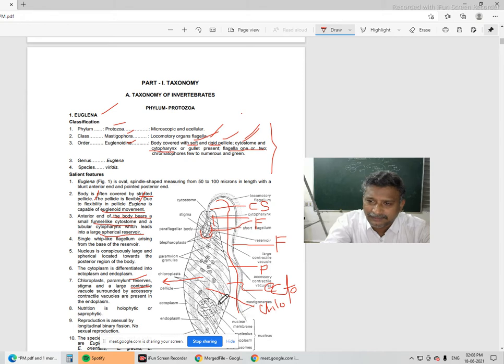Due to the presence of a chloroplast, a contractile vacuole, paramylum reserves, a stigma, one elongated flagellum, one shorter flagellum, and a tube-like cytopharynx, and at the anterior end of the body a small opening-like structure called a cytostome, observing all these characters, the given slide is identified as Euglena. Okay. Is it clear? These are the important unique characteristics by which we can identify this as Euglena.